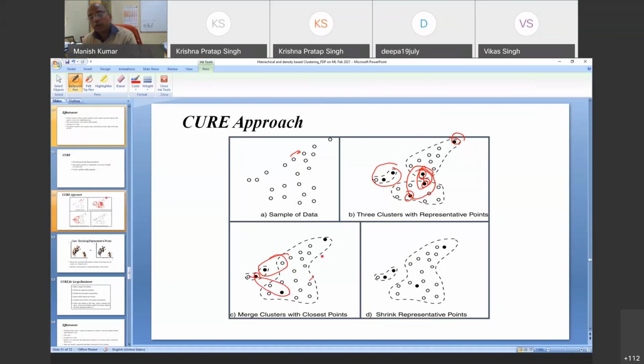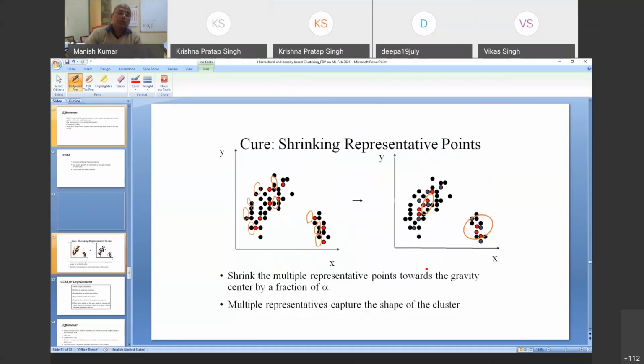Okay, and moreover you will find that the data centers may actually shrink as well. Shrinking means that it may converge to the center part of the data. That is also part of this. In this example you can see that the red points are the representative points.